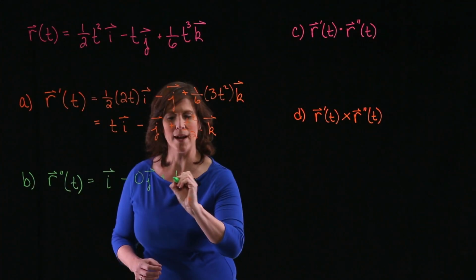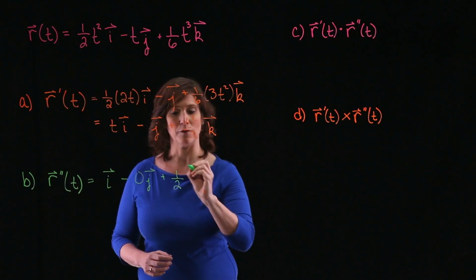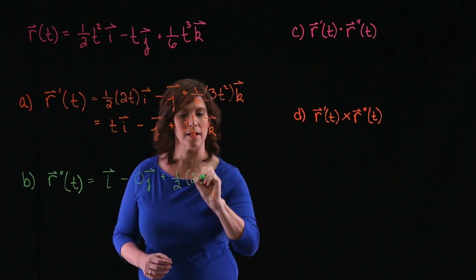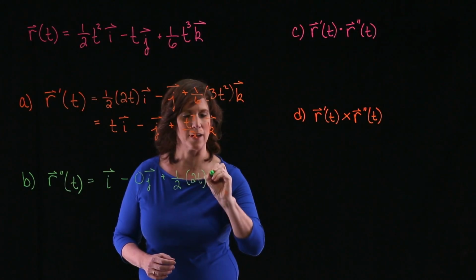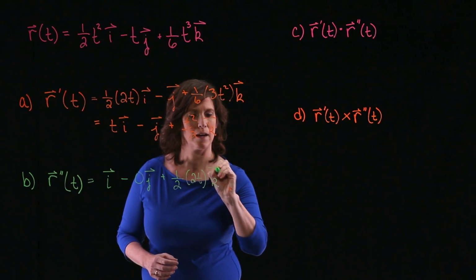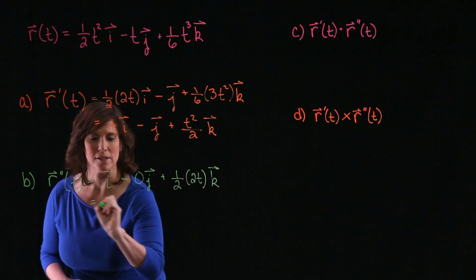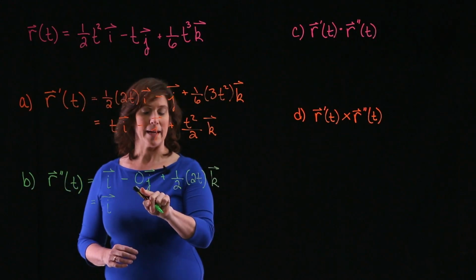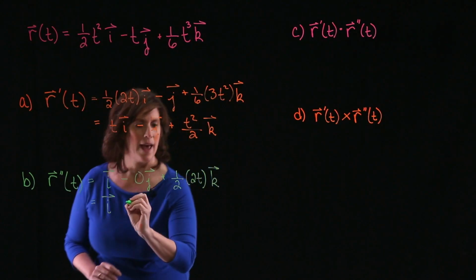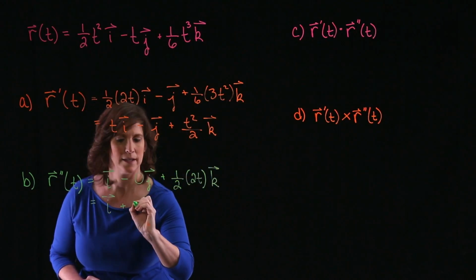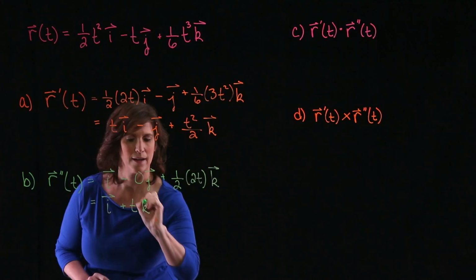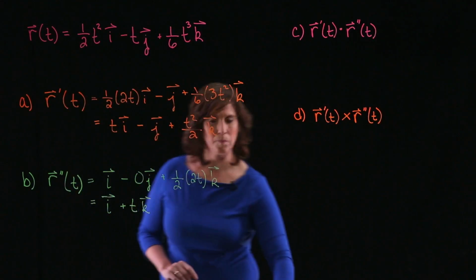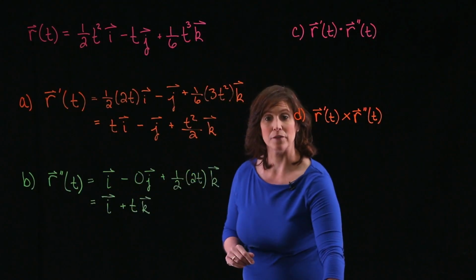And here I'll have 1/2 times the derivative of t squared, which is 2t, times my vector k, which reduces to vector i minus 0j, so I can leave that out, plus tk. Okay, that's my second derivative.